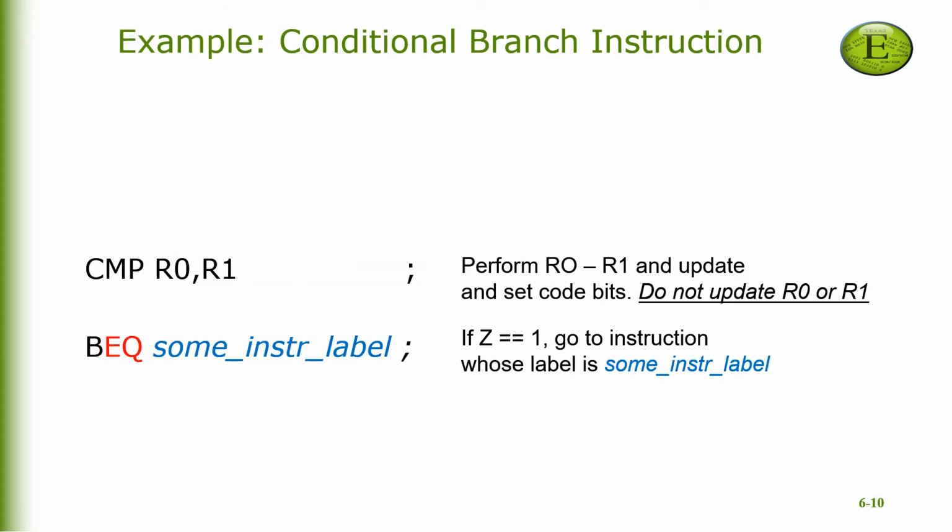The conditional branch instruction often follows the compare instruction. The syntax is CMP, followed by the registers or constants. In this case, we are going to compare R0 with R1.